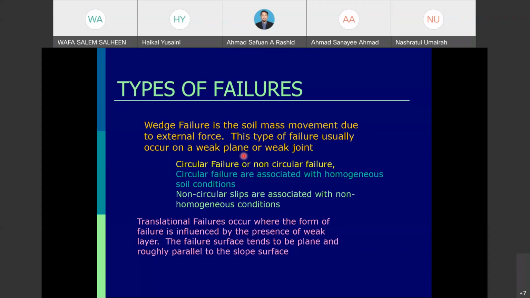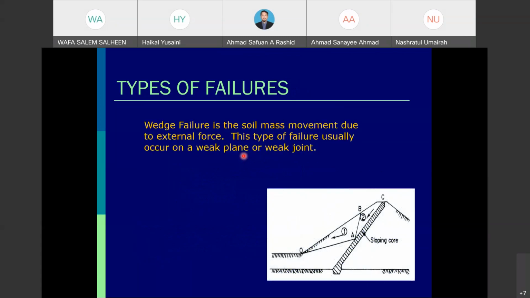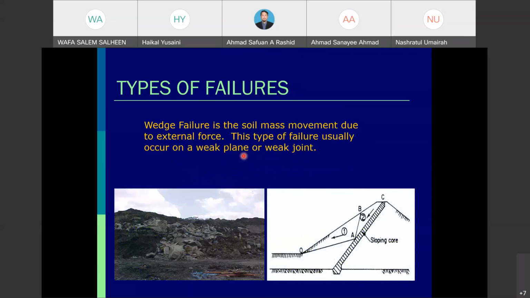Translational failure occurs when the form of the failure is influenced by the presence of a weak layer. The failure surface tends to be planar and roughly parallel to the slope surface. This is an example of the wedge failure, which normally happens in rock slope structure, and we will not discuss it in our detailed calculation later on.